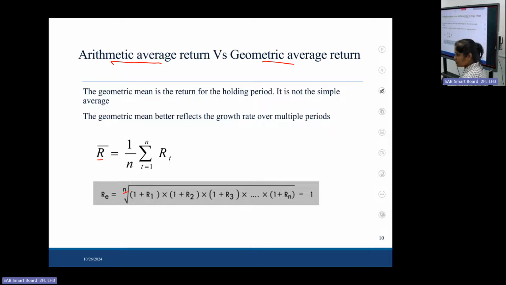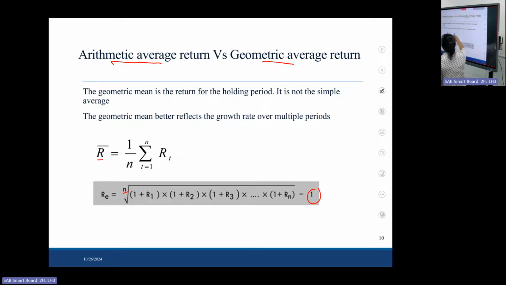If you have 10 years of observations, then the 10th root. From the answer, you have to deduct 1. Then you will get the geometric average return.